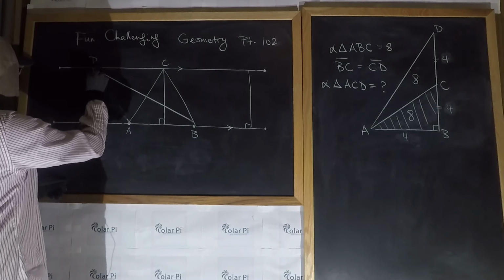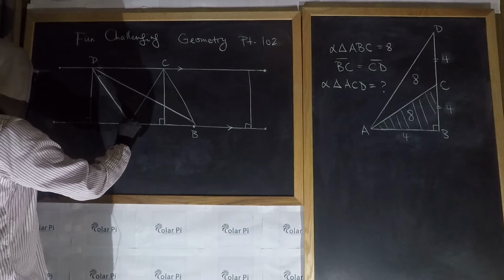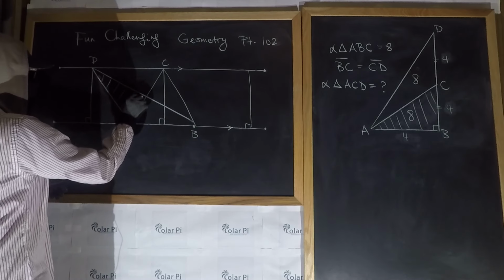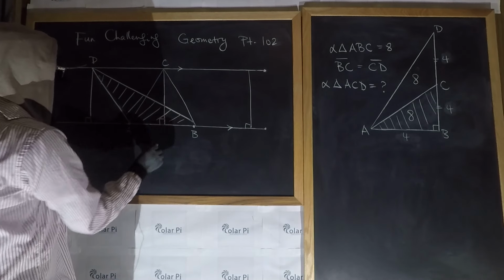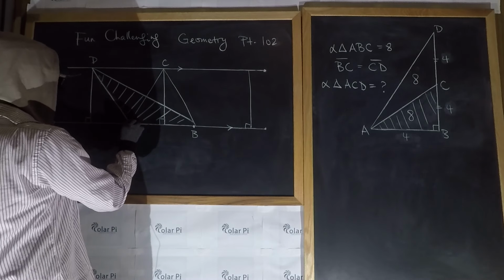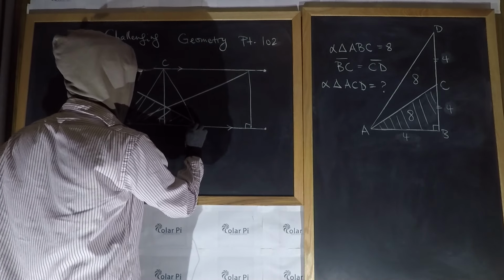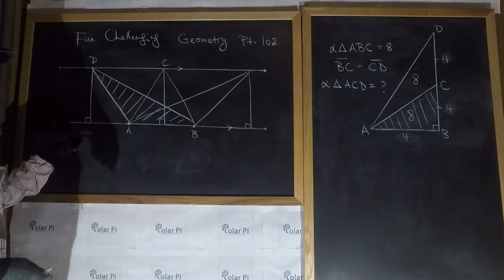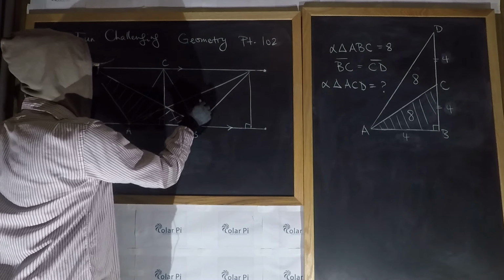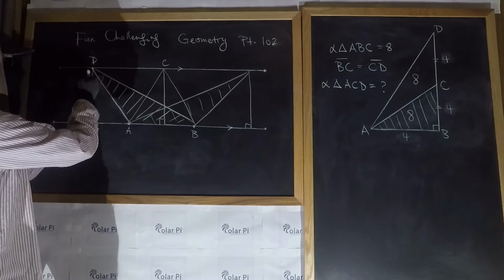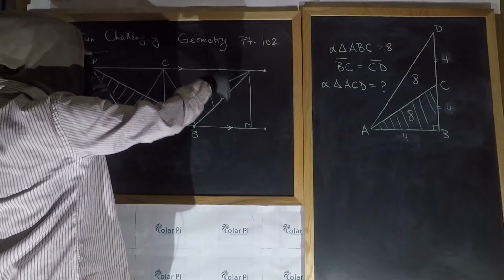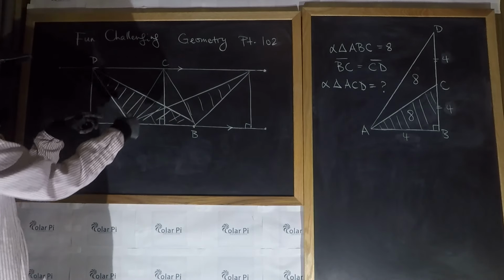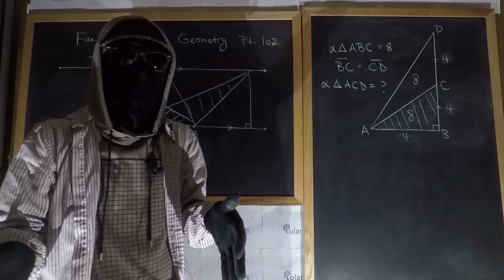I don't like that my lines are not very straight. So the new triangle that I just formed is this one, right? And then I can make another triangle, this one. And in fact, by drawing vertical distances anywhere and doing the same thing, I can create infinitely many triangles.